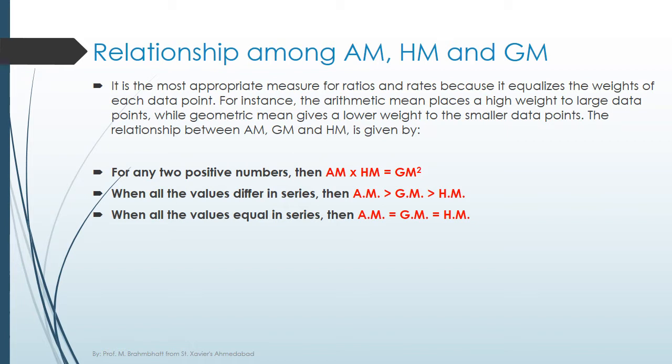The relationship between AM, GM and HM when two positive numbers are given: in such a case, the relationship is described by AM times HM equals GM squared.